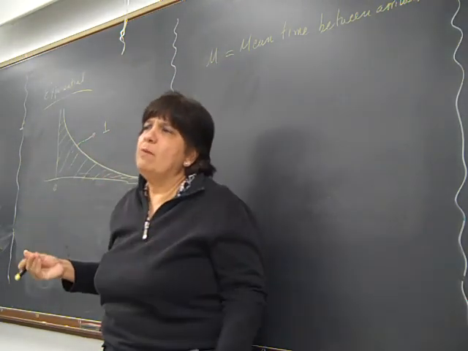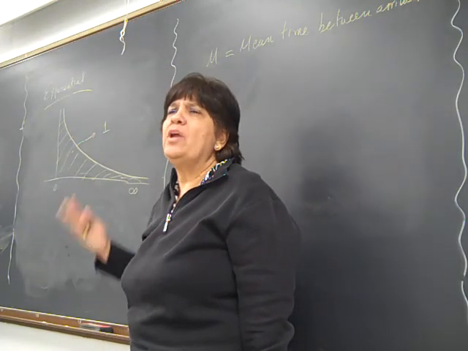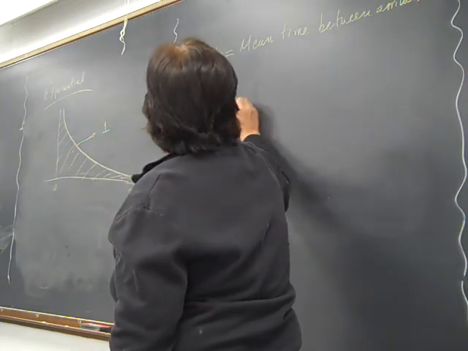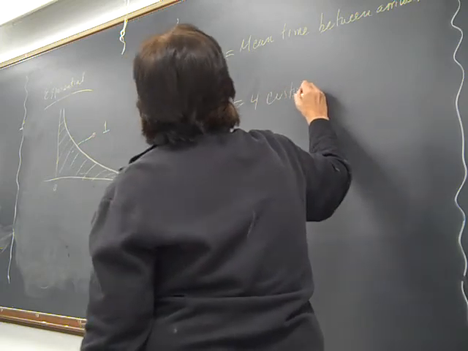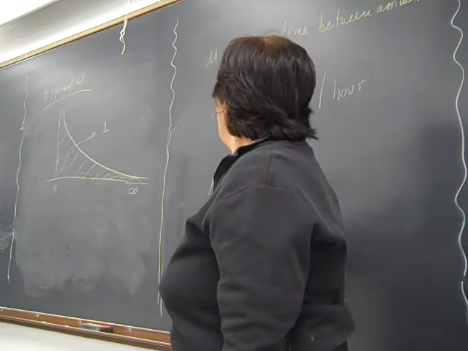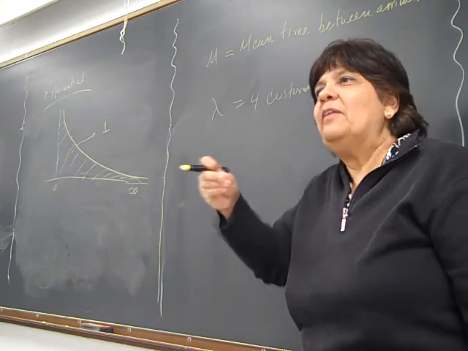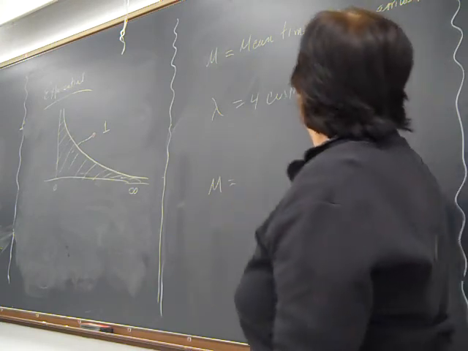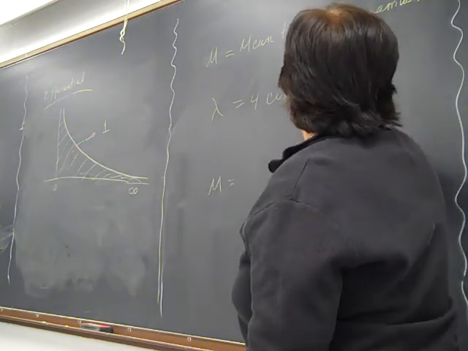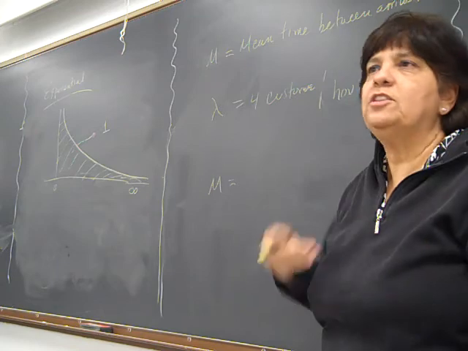And if, for example, let's say that in the Poisson distribution we have 4 customers per hour. What would be the mu? If lambda is equal to 4 customers per hour, my mu would be 1/4 hours between customers. Or, be very careful: if you use hours, you use hours everywhere, or if you use minutes, it's minutes everywhere.